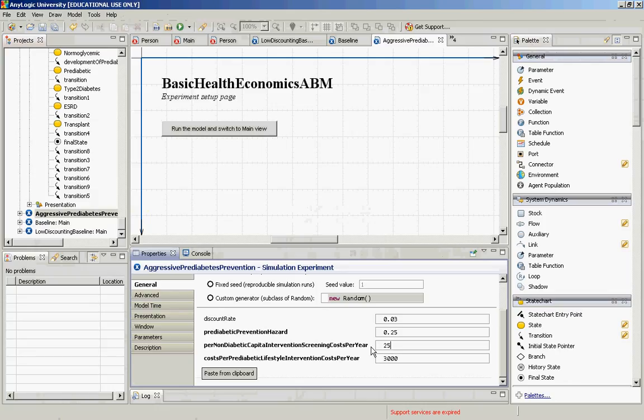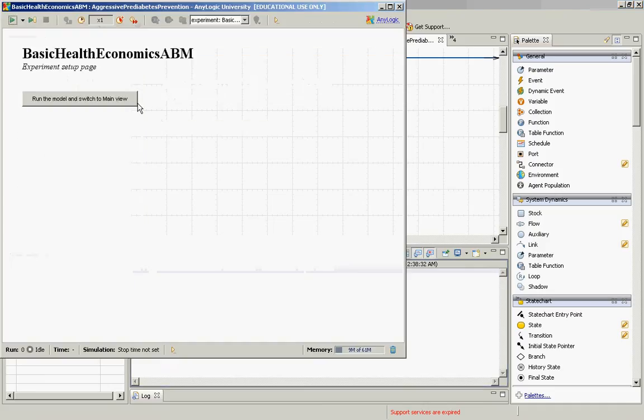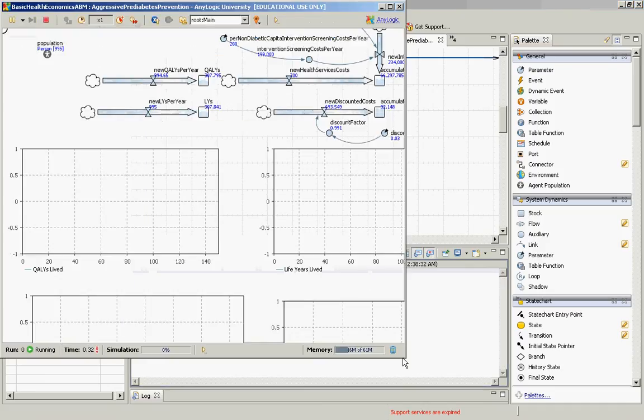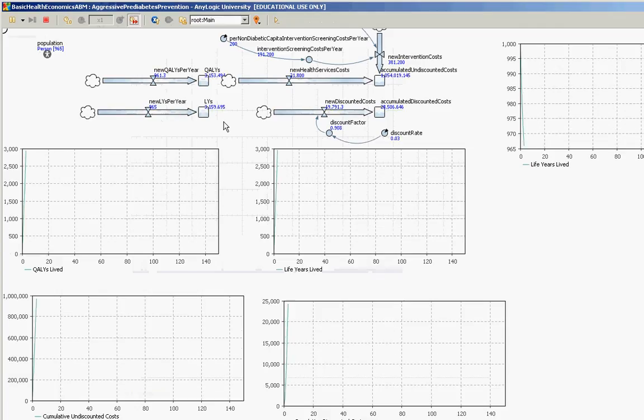So here, if we had posited a very expensive program and screening costs that are fairly high for those in the population to secure that level of aggressiveness, we would be actually looking at considerably higher costs associated with it.